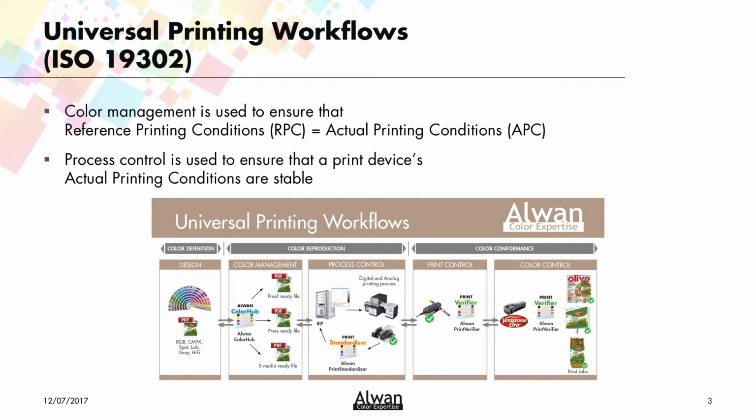So this perspective on the workflow and this color management applied to a printing workflow has been the roadmap for Alwan software since 2011, as most of you know. And this universal printing workflow diagram that you are seeing is now becoming an ISO standard.